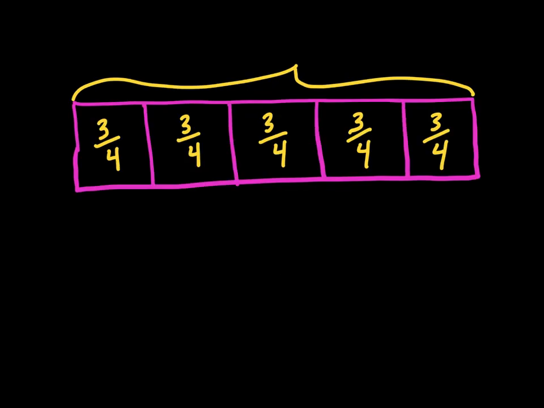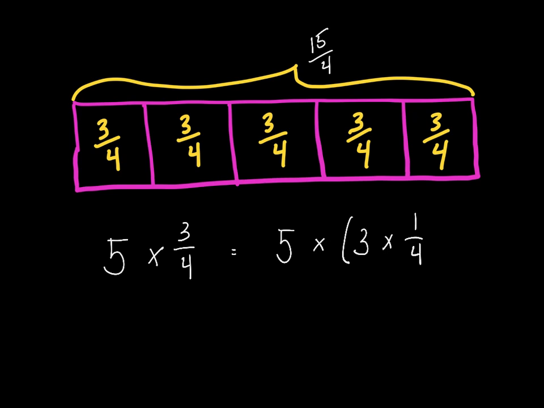3/4 plus 3/4 plus 3/4 plus 3/4 plus 3/4. Well, what is that going to give us? It's going to give us 15/4 because there are 5 groups of 3/4. And we can mix this all up by doing 5 groups of 3 times the unit fraction of 1/4.